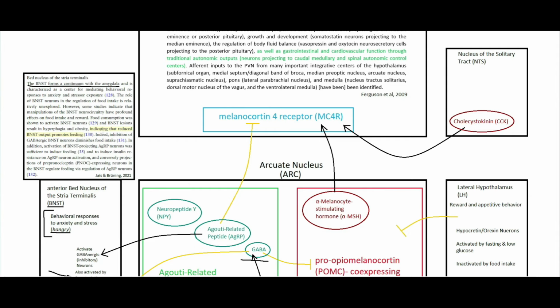A lot of people may have encountered the amygdala, and it's often talked about as the fear center of the brain. The BNST is very highly connected with the amygdala, and this even says it is continuous with the amygdala, so it's essentially part of the amygdala.